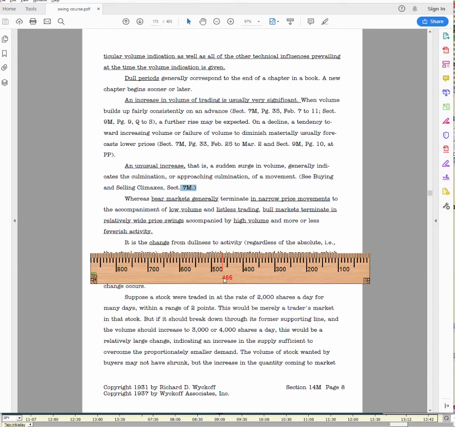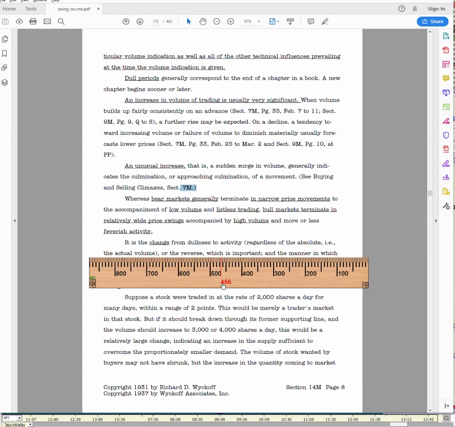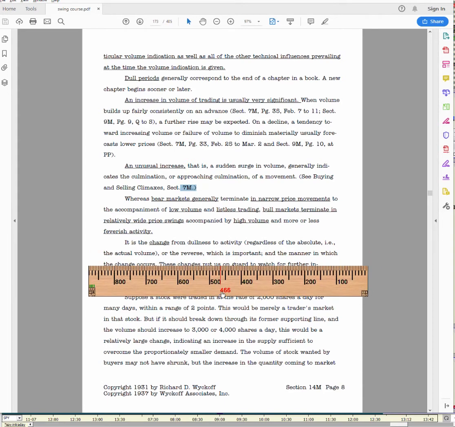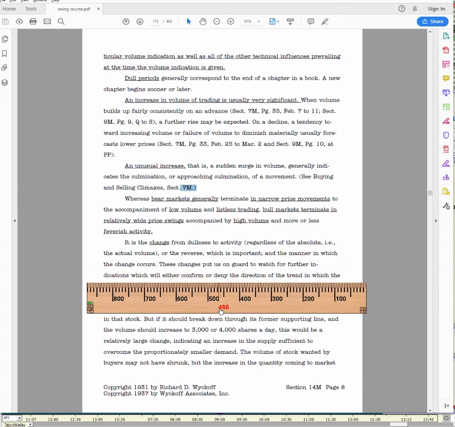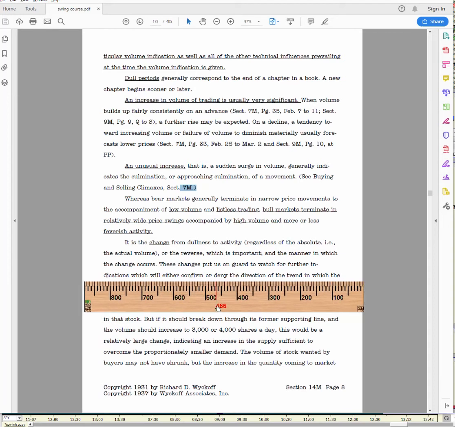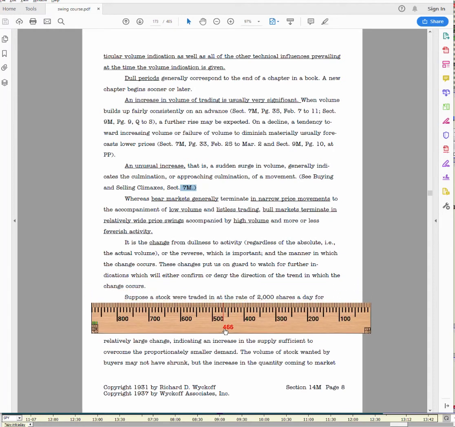It is the change of dullness to activity, or the reverse, which is important, and the manner in which the change occurs. The change puts us on guard to watch for further indications which will either confirm or deny direction of the trend in which the change occurs.